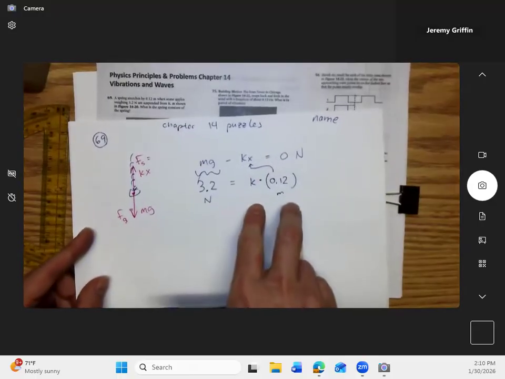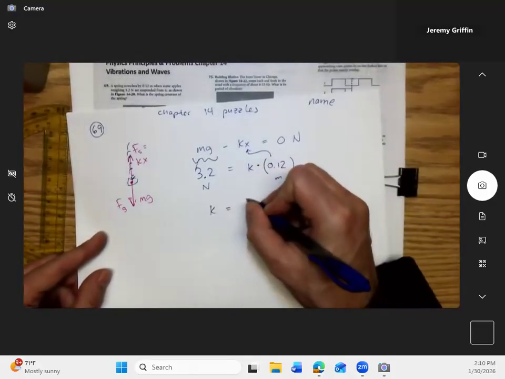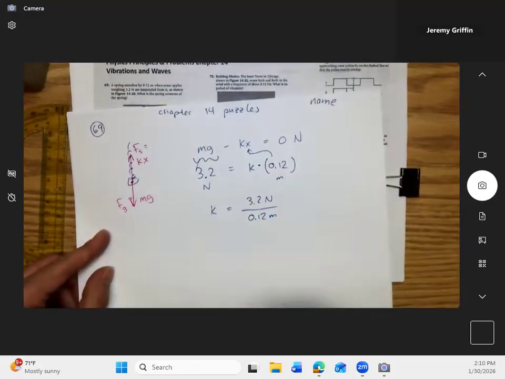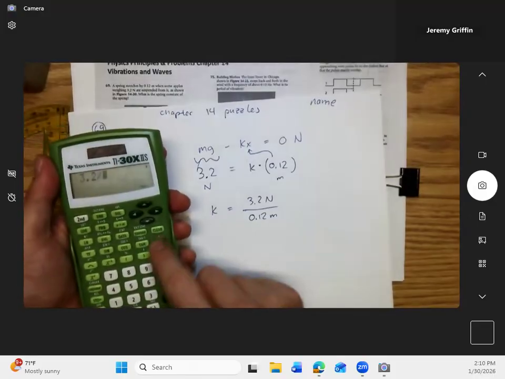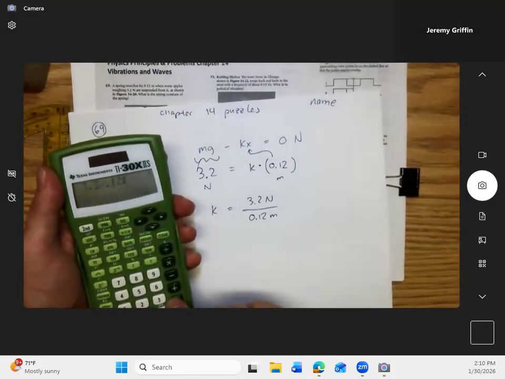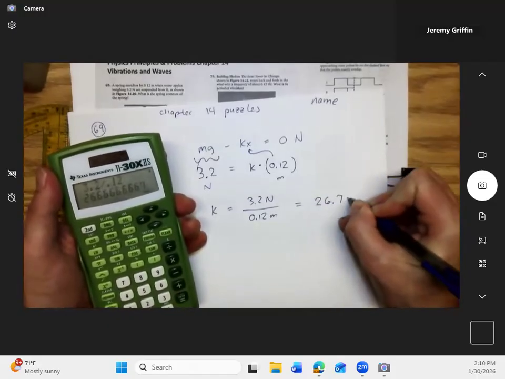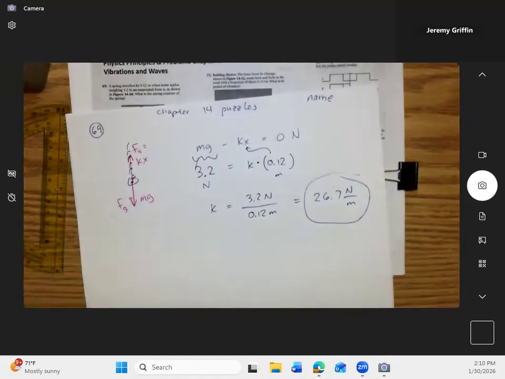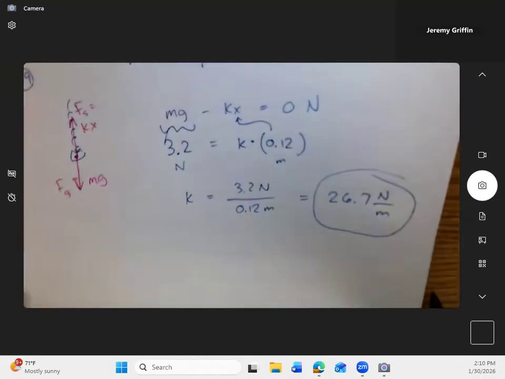So then k is whatever 3.2 newtons over 0.12 meters is. I'm looking at 26.7 newtons per meter. All right, that's pretty good. It's working out.